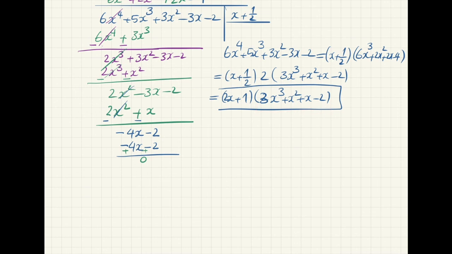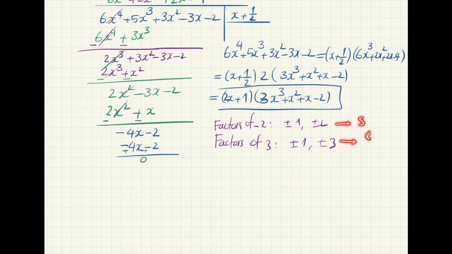Okay, so what I do, I would write factors of this expression, factors of -2. What are they? As before, plus and minus 1, plus and minus 2. And then this time I will take the factors of 3. So factors of 3, they are plus and minus 1, plus and minus 3. And then I look at the fractions. This will play the role of s, this will play the role of t.